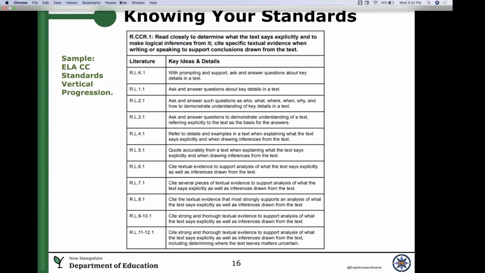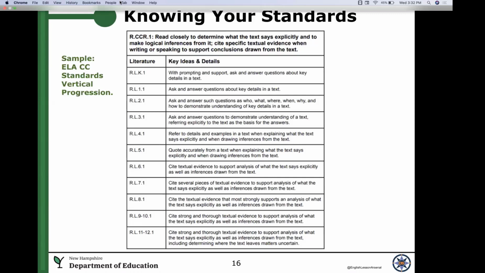Here you'll see a progression, when I was speaking just a little bit ago about the anchor standards and how they weave through the grade levels. So you'll see at the top that R.CCR.1, which is reading, college and career readiness standard 1. And then below it, you'll see how it is key ideas and details.